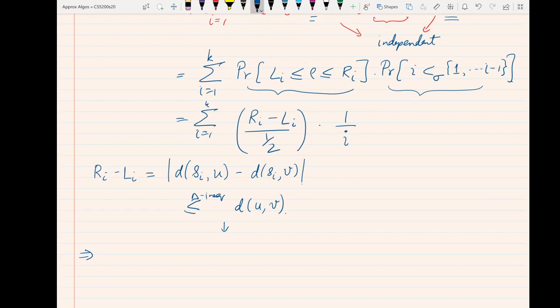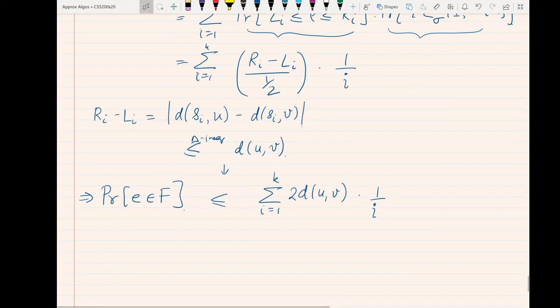what we get is the probability that UV is in the final set is less than or equal to the summation i equal to 1 to k of d of UV times 2 times 1 over i. Now d of UV is common, so what we get is 2 times d of UV times the summation i equal to 1 to k of 1 over i.